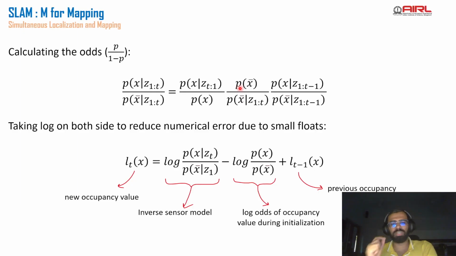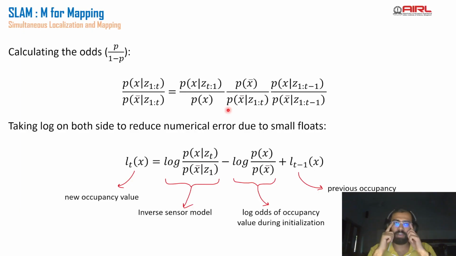Now, because it's a small value, we would like to use logs here so that we can reduce numerical error in the other steps. So when we do that, we finally get this particular equation. What it says is my new occupancy value depends upon my old occupancy value minus the log odds of my occupancy initialization.